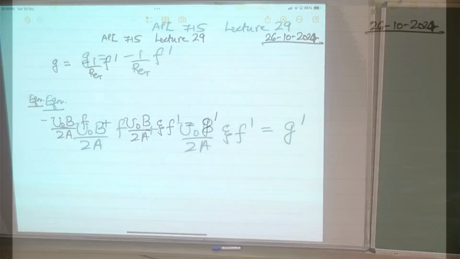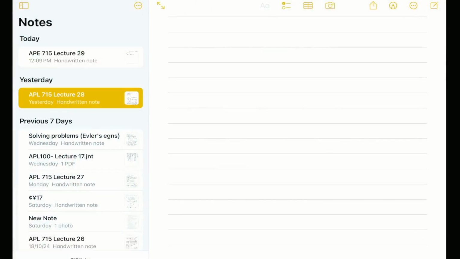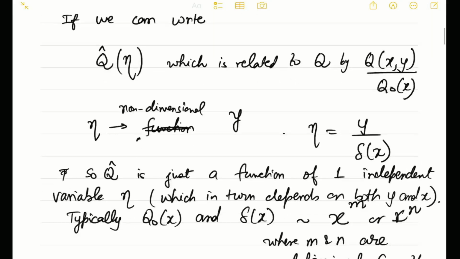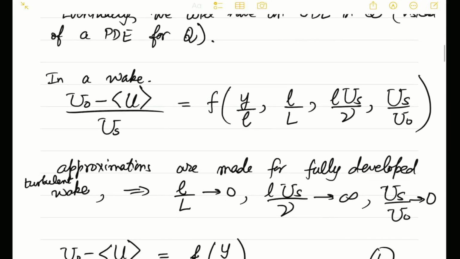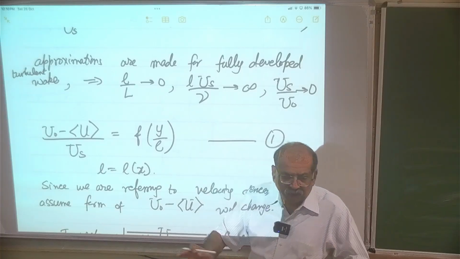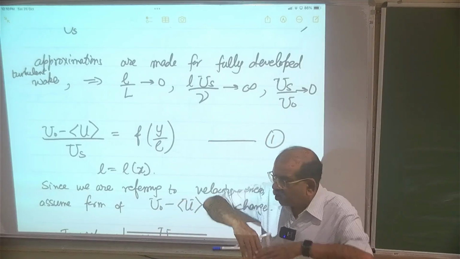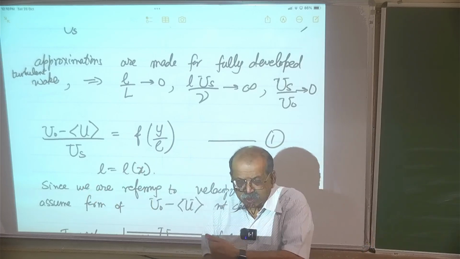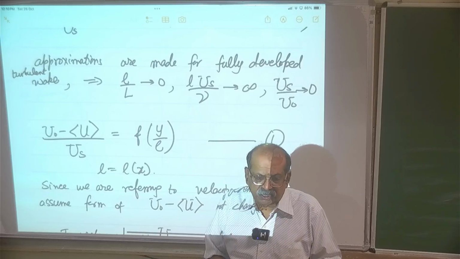Let me go to the, okay. So a bit of repetition. We're talking of self-similar quantities. What we assumed was in the wake, far downstream, all the velocity profiles, if you look at them as functions of y and x, will collapse into a single curve.